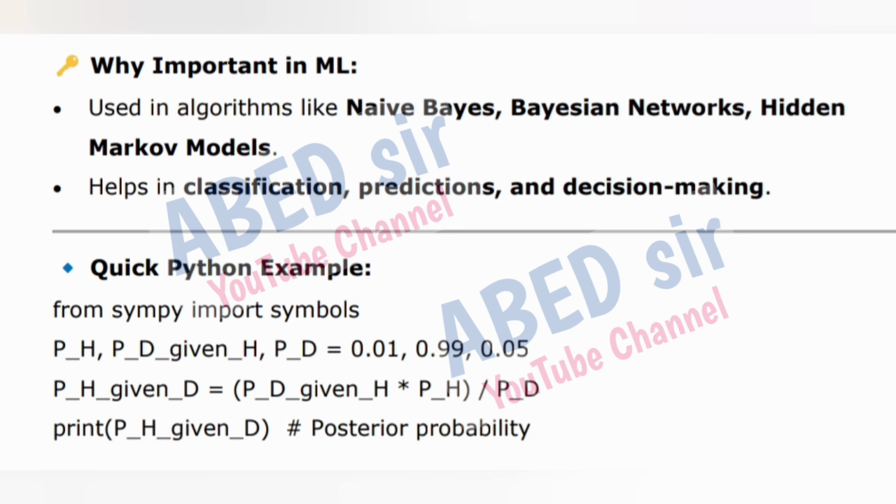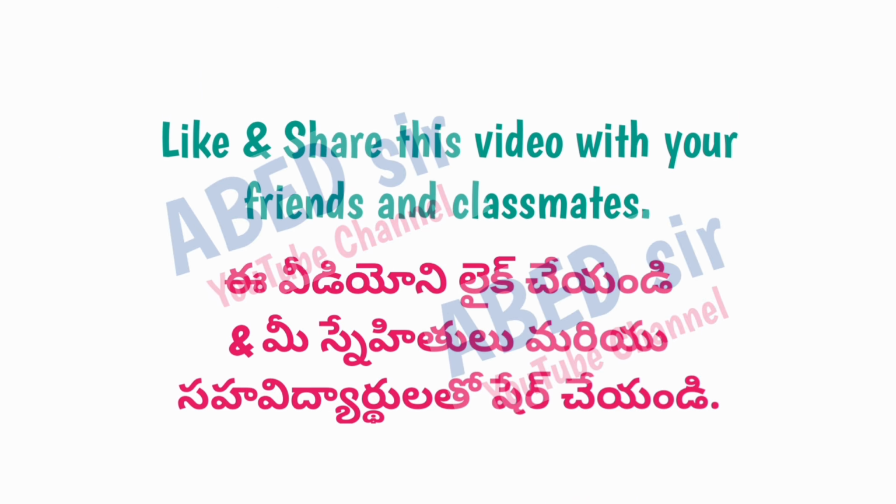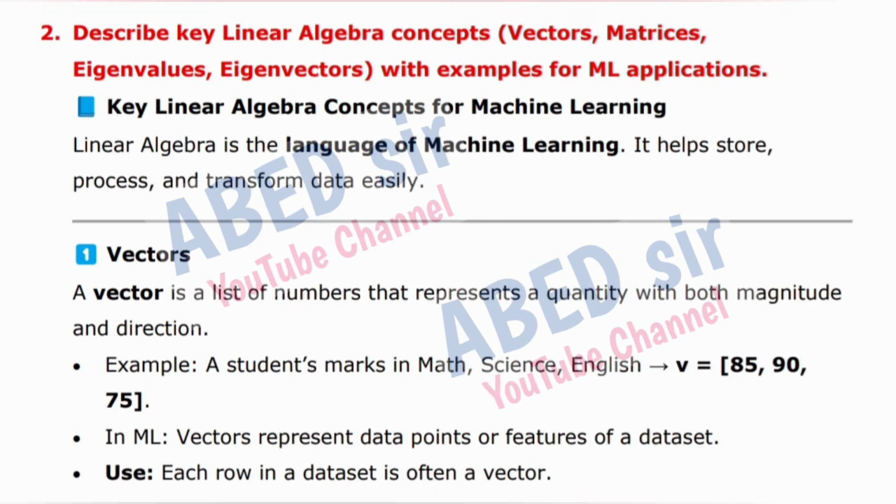P_H_given_D = P_D_given_H * P_H / P_D. Print P_H_given_D, # posterior probability. Memory tip: think of PDF as shape, CDF as area under curve, conditional as filtering events, and Bayes as updating beliefs.